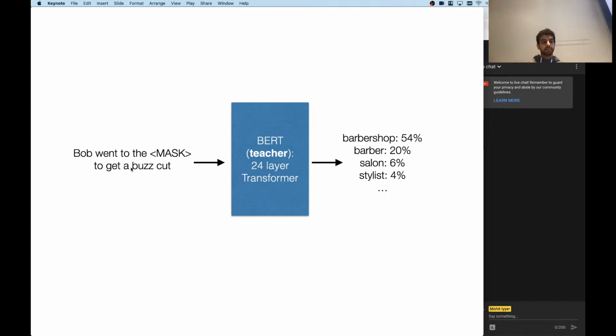So if we take this example, Bob went to the mask to get a buzz cut. And if you pass this through the BERT model, you'll see that the resulting predictions make sense, right? Like barbershop, barber, salon, stylist, these are all places where you might expect to get your hair cut.